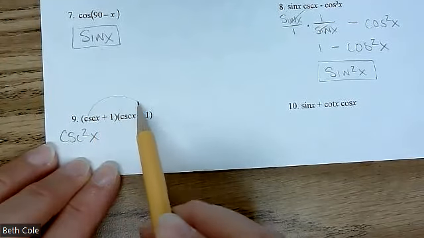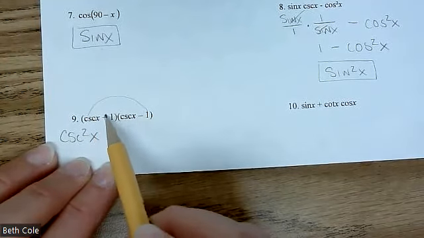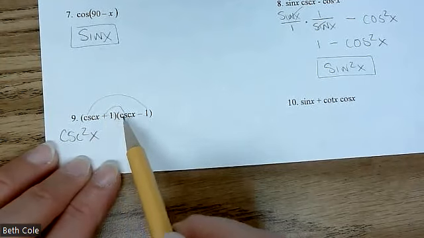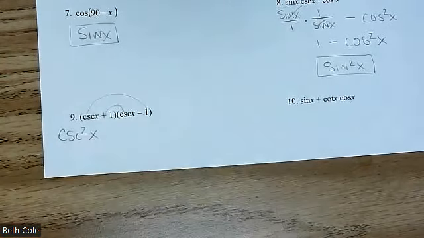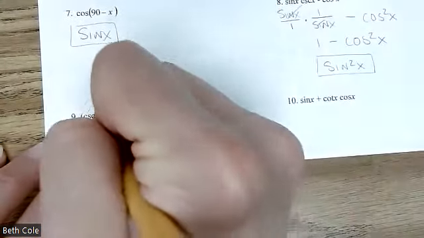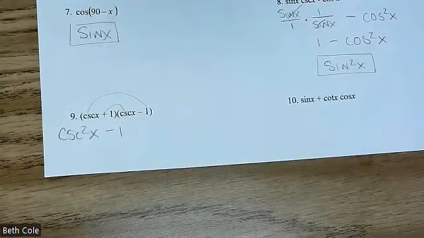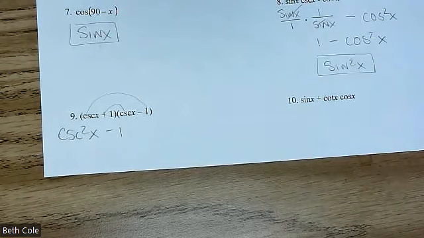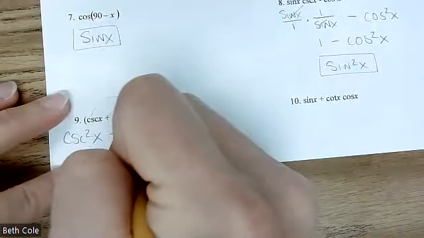So when you do the outsides, you get -1 cosecant. And when you do the insides, you get +1 cosecant. So they're canceled, they're gone. Just do the last. 1 times -1 is -1. And then again, that's a Pythagorean one. If you have cosecant squared minus 1, cotangent squared.